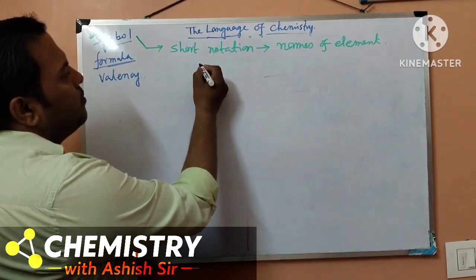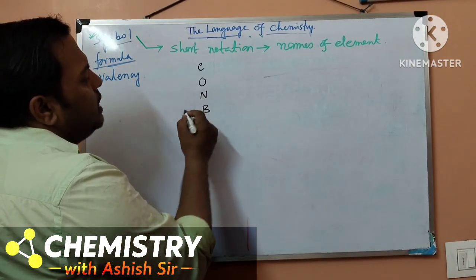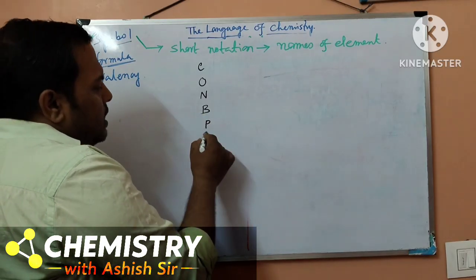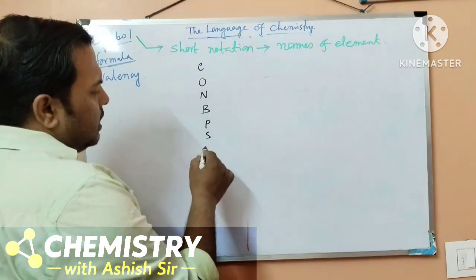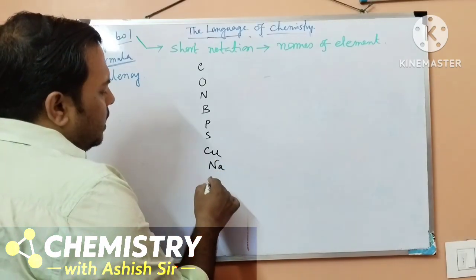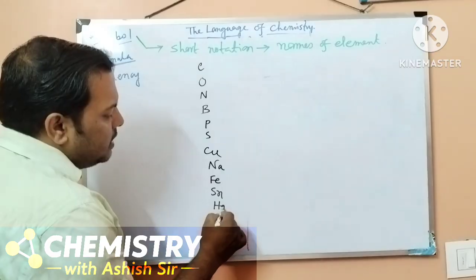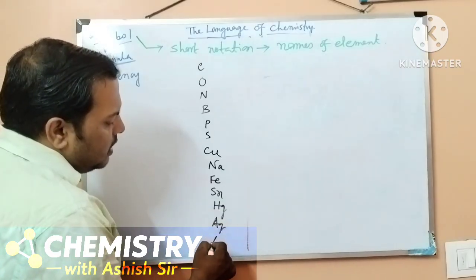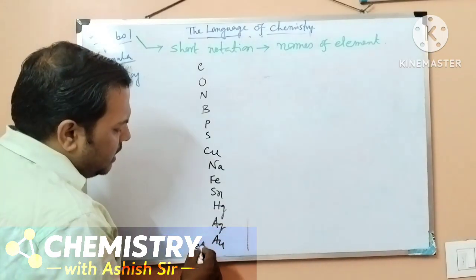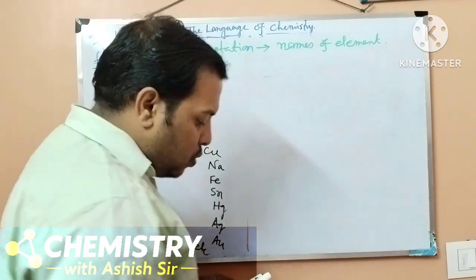I am writing few names, C, O, N, B, P, S, etc. Then I am going to Cu, Na, Fe, Sn, Hg, Ag, Au, I am writing etc. Like this the symbols you have to know.